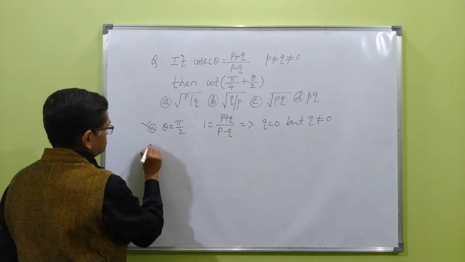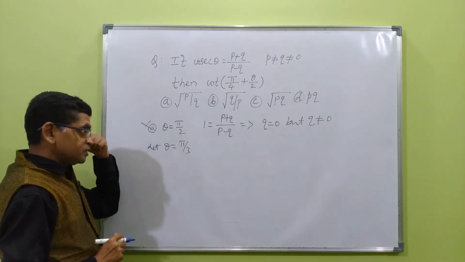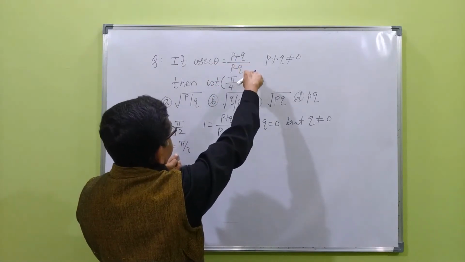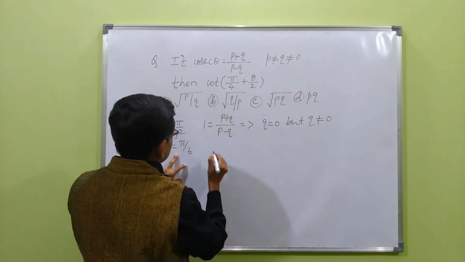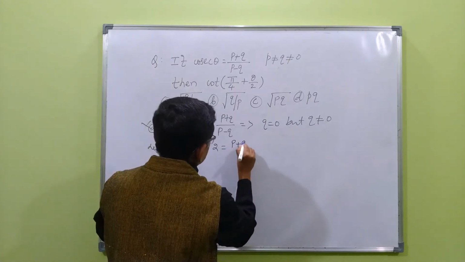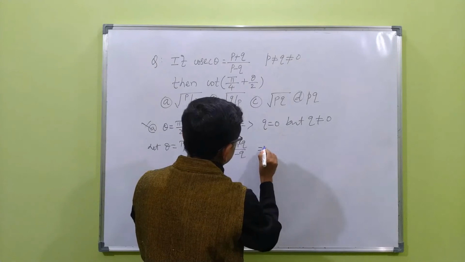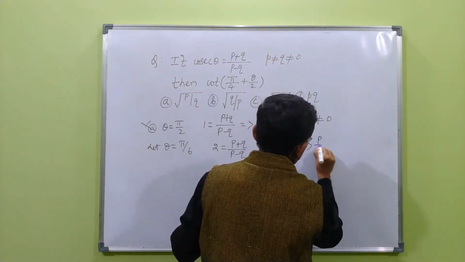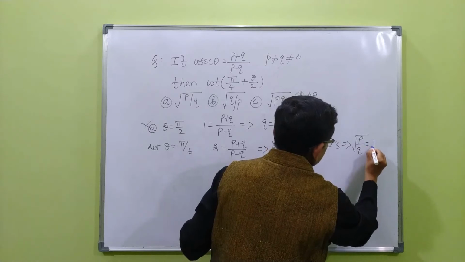Okay, so let theta be, say, pi by 6. What happens? This is 2, which is equal to P plus Q divided by P minus Q. If you rearrange, 2P minus 2Q is equal to P plus Q, that is P is equal to 3Q, or P by Q is equal to 3, or root of P by Q is equal to root 3.